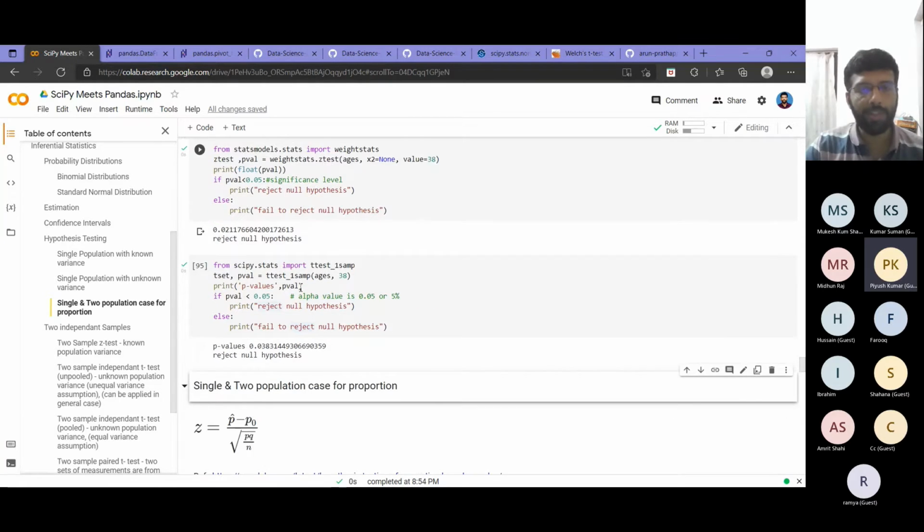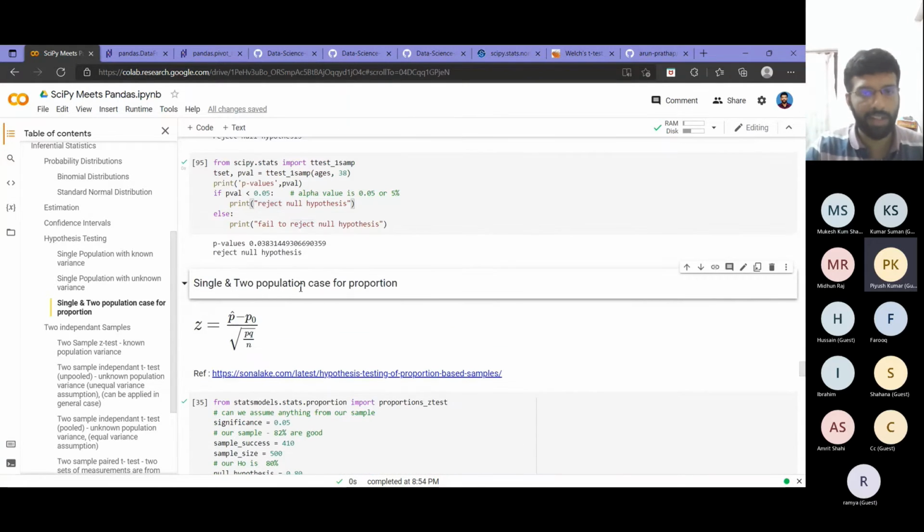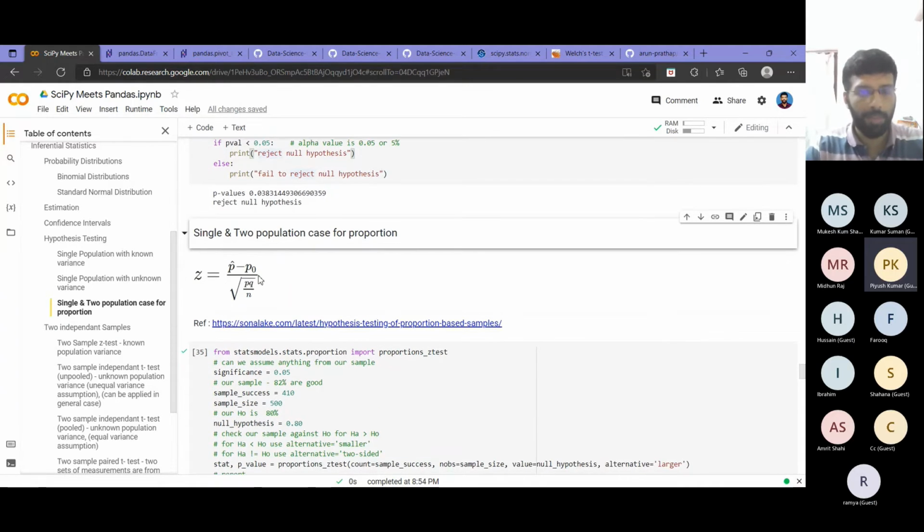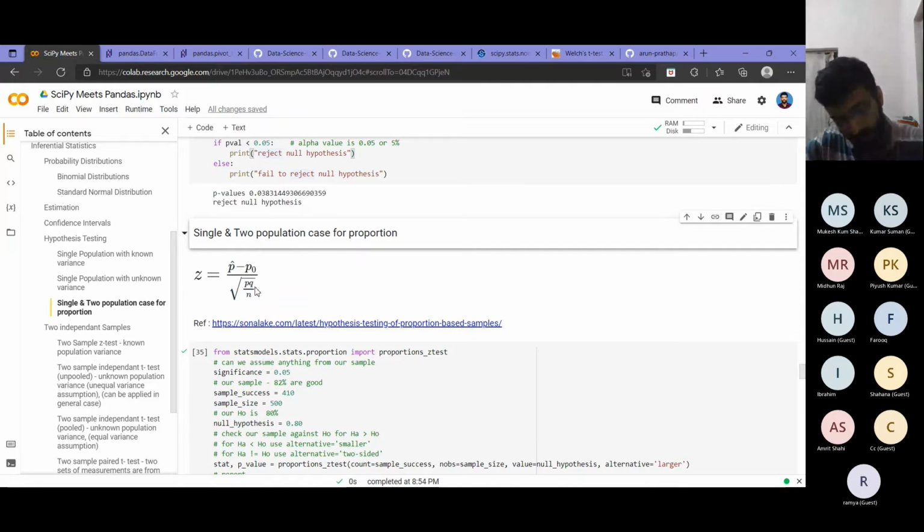Now the last thing that we saw in the inferential statistics session last day was proportions. We saw for a single population case z = (p hat minus p0) divided by the square root of pq by n. So the square root of pq by n is my standard error.